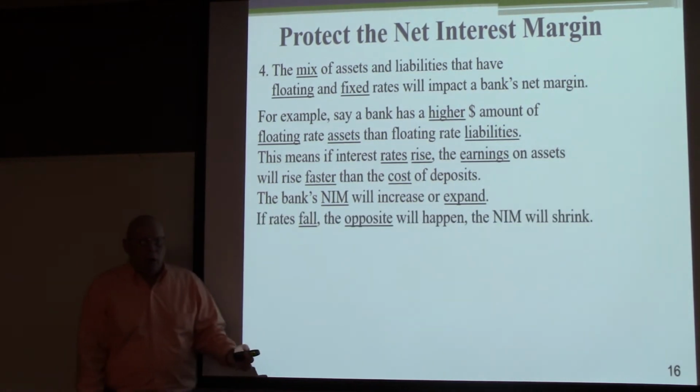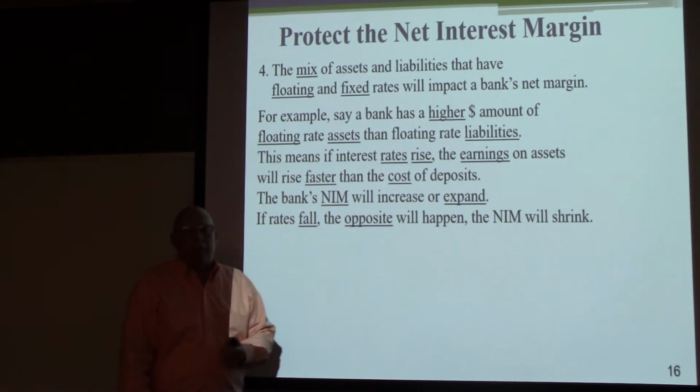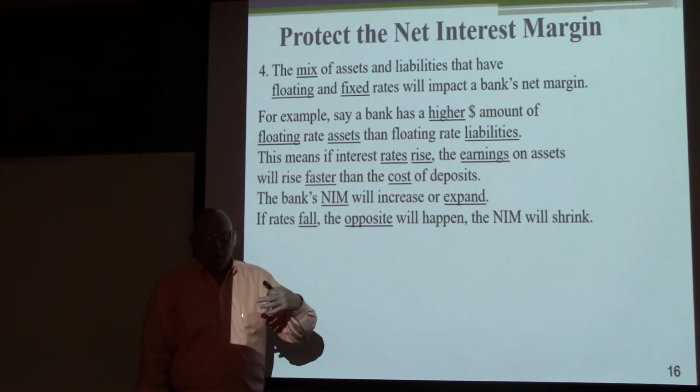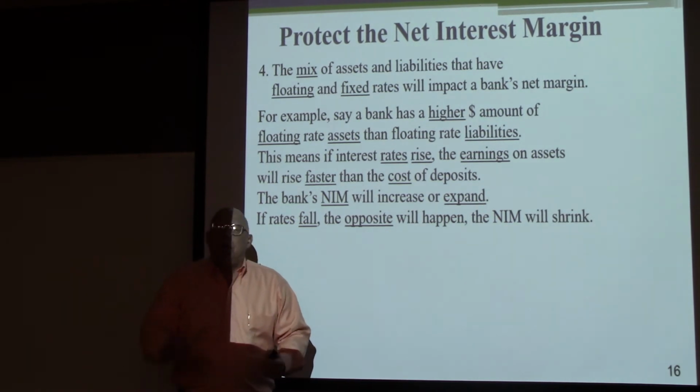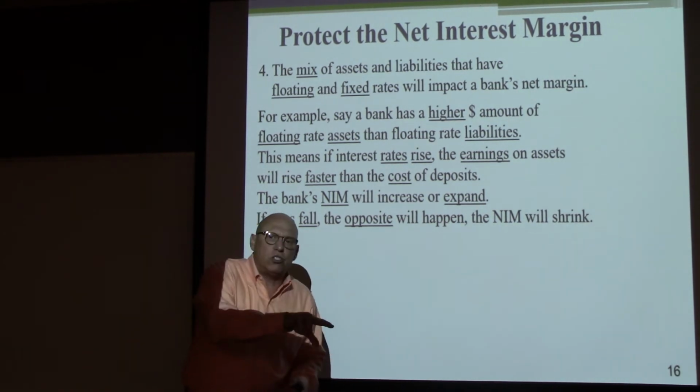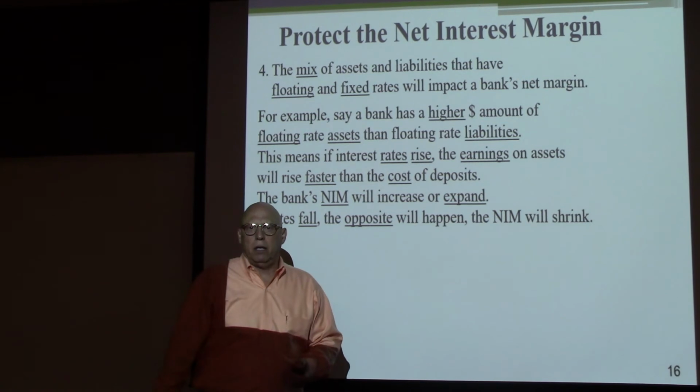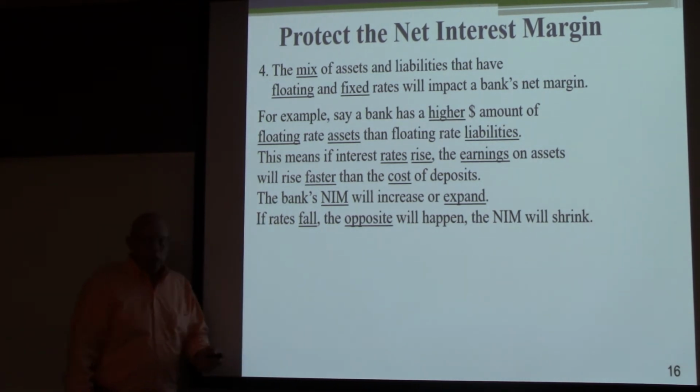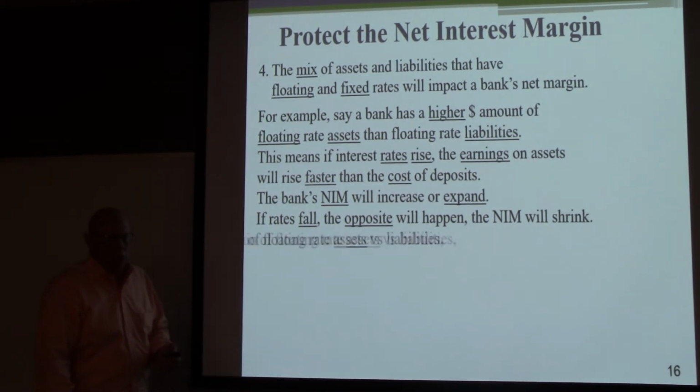If rates fall, the opposite will happen. Your net interest margin will shrink because your earnings on your assets will fall faster than your costs on your liabilities. So it depends on how the bank is positioned.